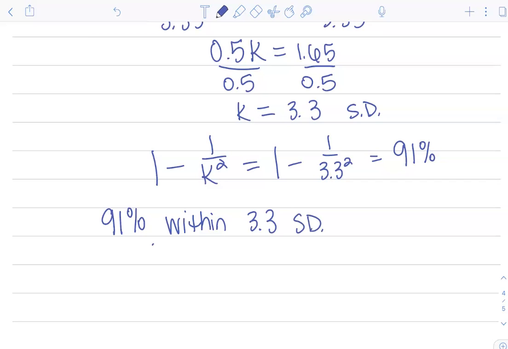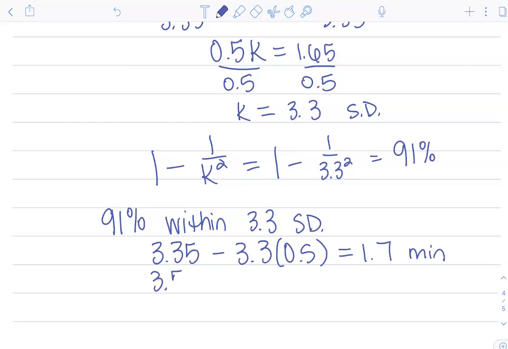So if we take our 3.35 and we subtract 3.3 standard deviations, that takes us to 1.7 minutes. And then we already figured out that 3.35 plus 3.3 standard deviations is going to get us to this 5 minutes.